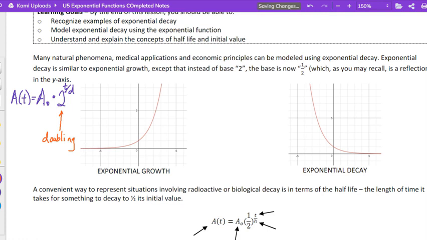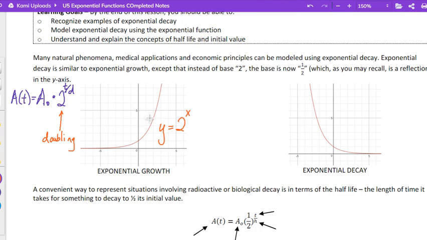How long does it take something to double? Now, this graph is actually y equals 2 to the power of x. And that's what we use generally for exponential growth.